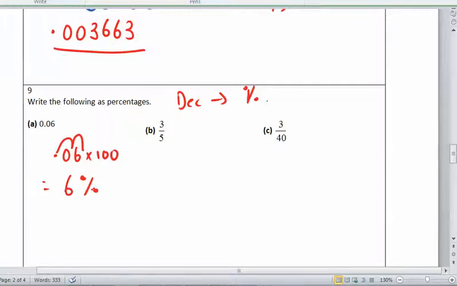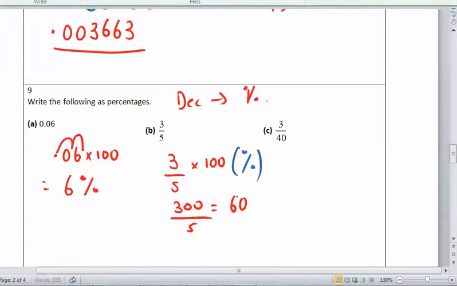Good. 3/5. Now, 3/5, the same thing. You can times that by 100 to get to your percentage. You can even times both of them by 2 and then just figure it out. So 300 over 5 is the same as 60. But remember, when we multiply it by 100, that's actually to find the percentage. So this isn't 60, it's actually 60%.